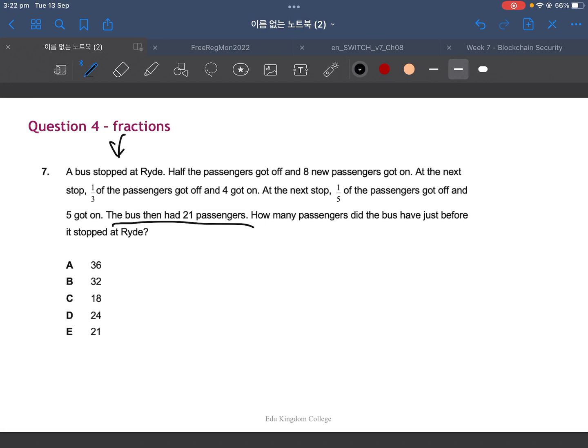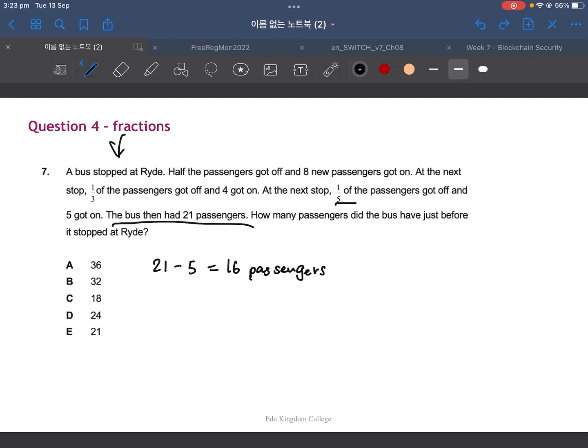At the third stop, 1/5 of the passengers got off and 5 got on, okay? So before 5 got on, how many passengers were there? Actually, let's start the equation here. So before 5 got on, there were 16 passengers. And it says here 1/5 of the passengers got off, and then there were 16 passengers, because that's what we just worked out.